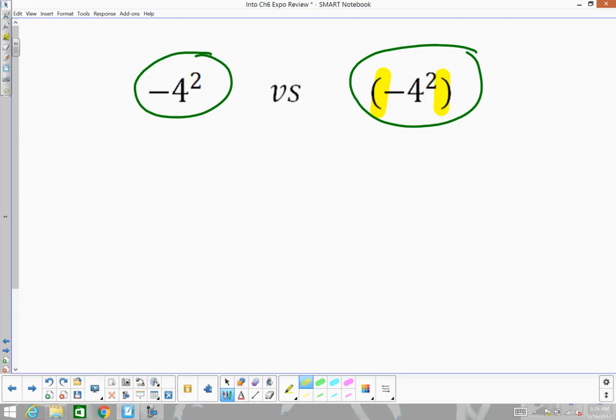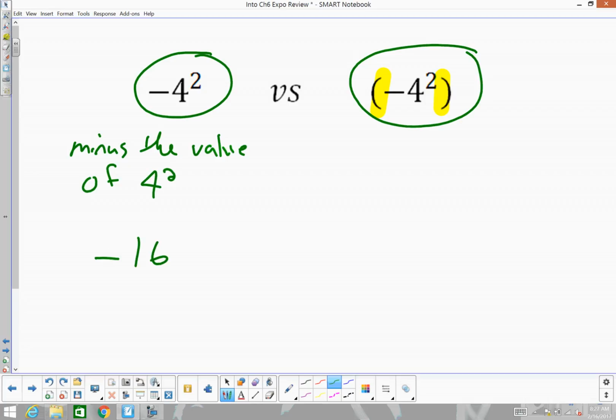Okay, so if you're looking at the parentheses, that's what establishes the base. So actually, to the left, this is saying minus the value of 4 squared. So this is saying minus the value of 4 squared, which is 16. So that's actually negative 16.